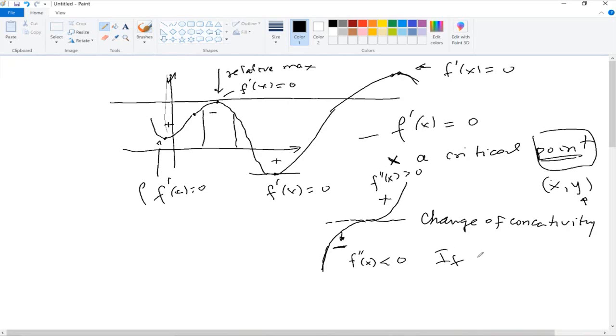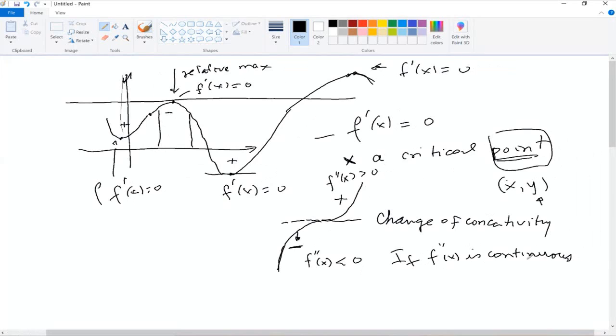If f second x is continuous, a continuous function, like this one. If here is negative and here is positive, a continuous function. I'm not talking about f second, any function, that over here is negative and over here is positive, you know?